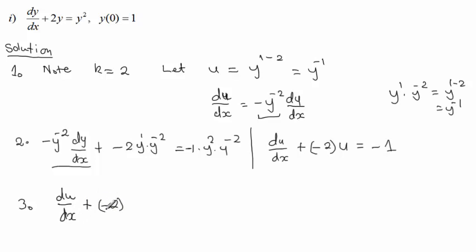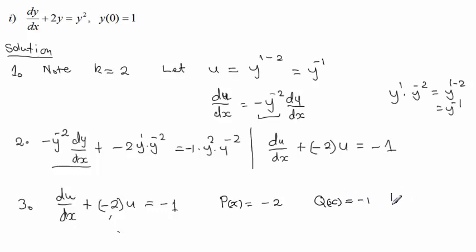I'm keeping this minus 2 in brackets like that to maintain the standard form of the linear equation, multiplied by u equals minus 1. So identifying our p here, our p of x is equal to a constant function minus 2. Our q of x is a constant function minus 1.